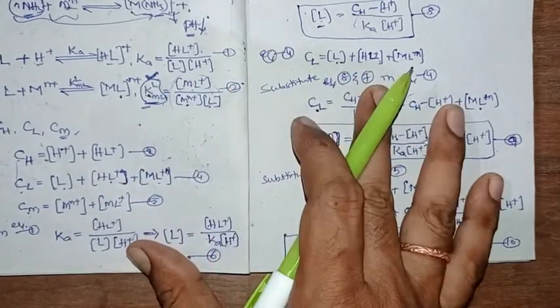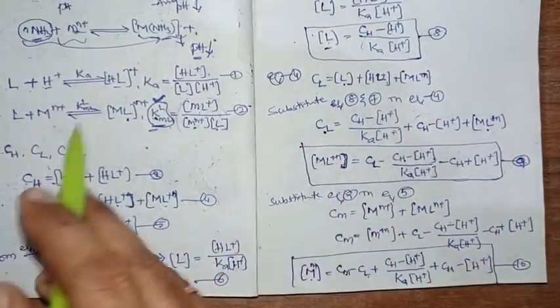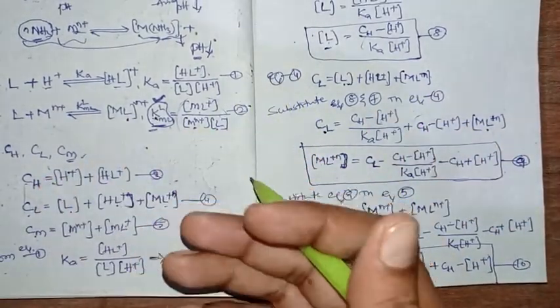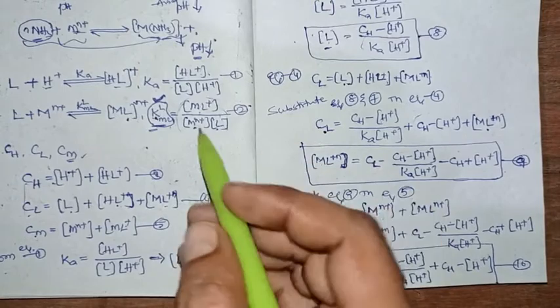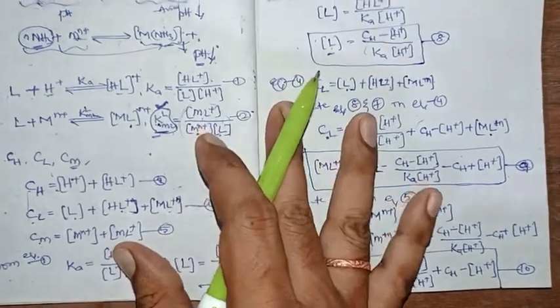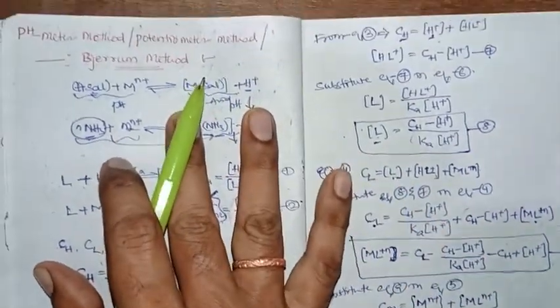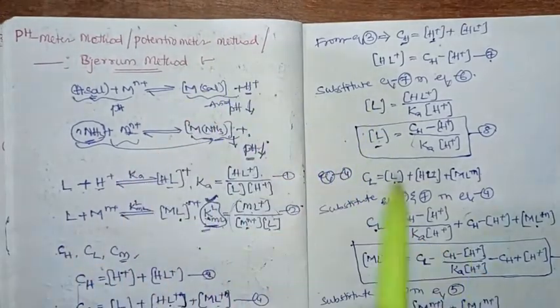Like this we can derive the equation of stability constant from the pH metric method.